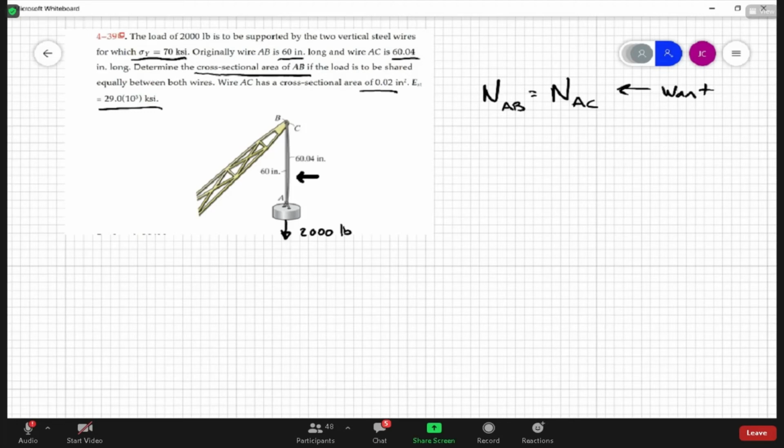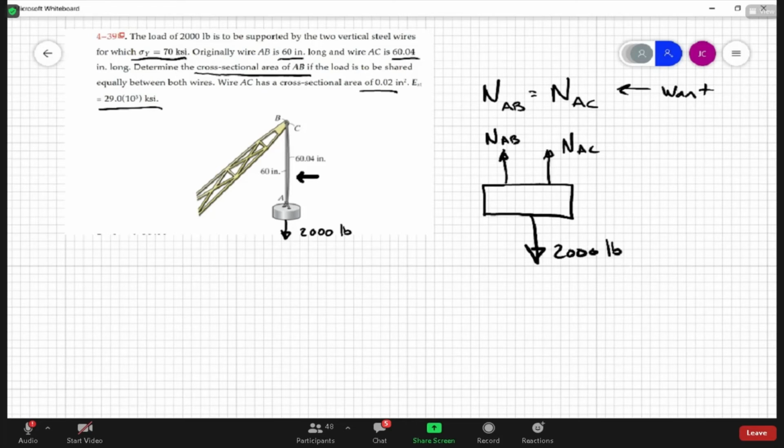So, you know, the free body diagram here is pretty straightforward. Although there's a couple of ways to do it, we can draw the free body diagram of that block here, right? So down we have the 2,000 pounds, and then up we have the force due to the wire AB, and the force from wire AC.